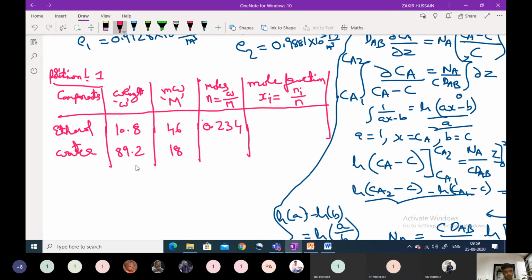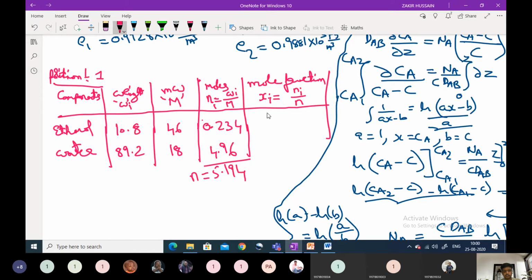Then for water, 89.2 divided by 18 is 4.955, so we will take 4.96. Then Xi is equal to Ni by capital N. The total is 0.234 plus 4.96, which is 5.194.